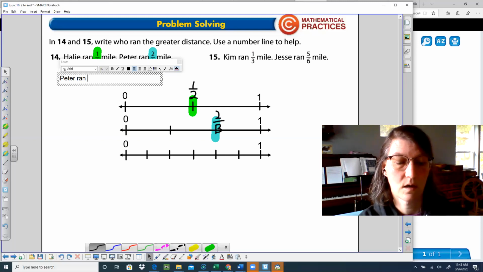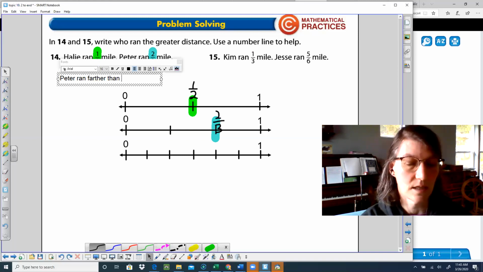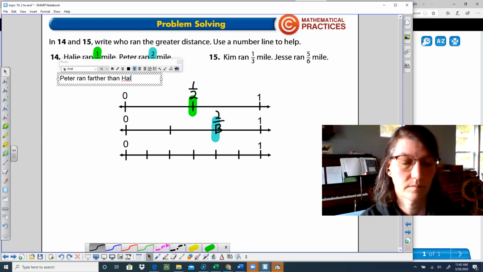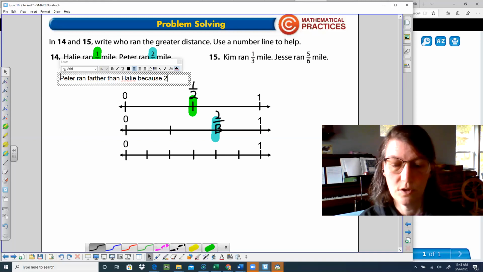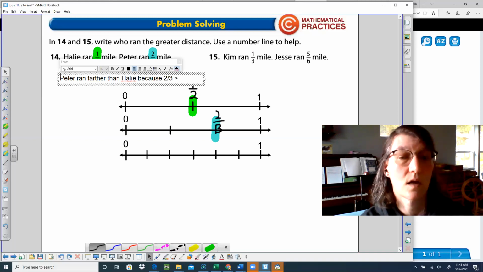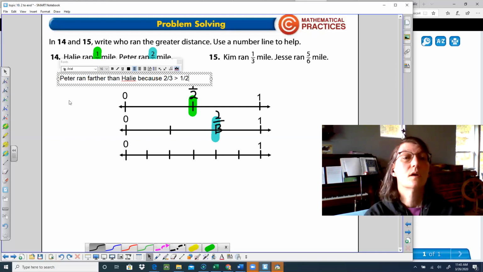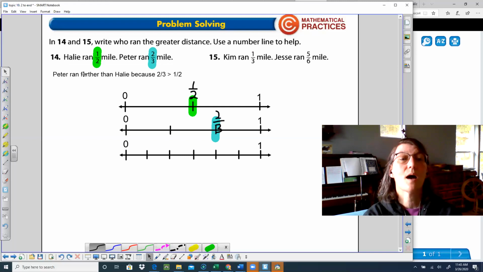Peter ran farther than Haley, because 2/3 is greater than 1/2. There we go. So if you need a moment to copy that down, please pause the video.